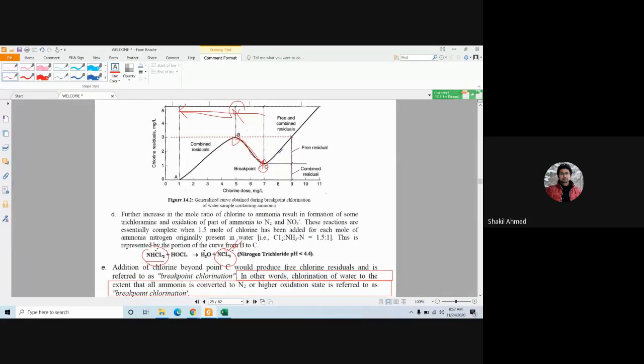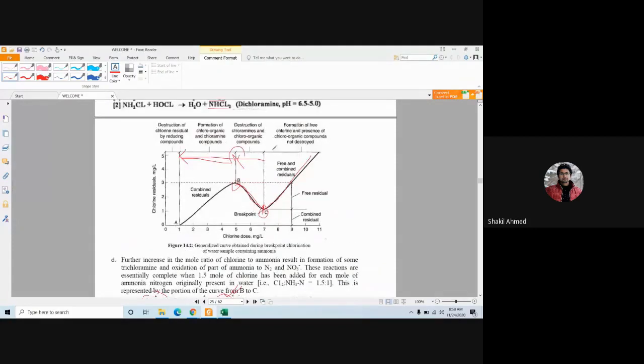So as you increase the chlorine dose, you will get all of it as chlorine residual, because you do not have any impurities. If you don't have any impurities, then whatever you give, you get it. There is no wastage anymore. Is it clear?